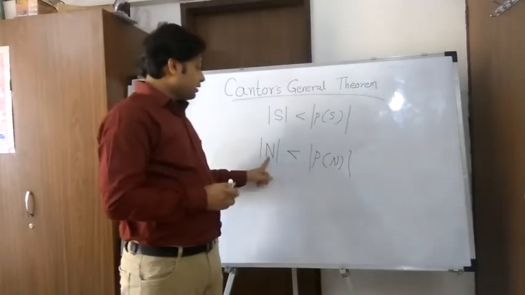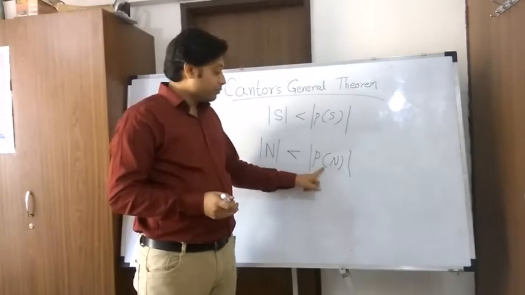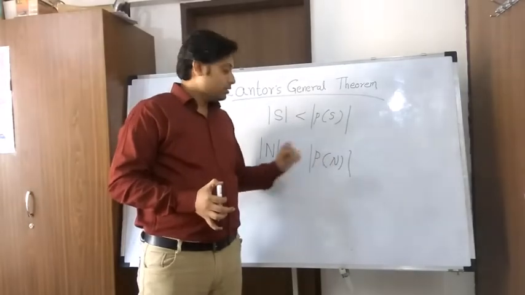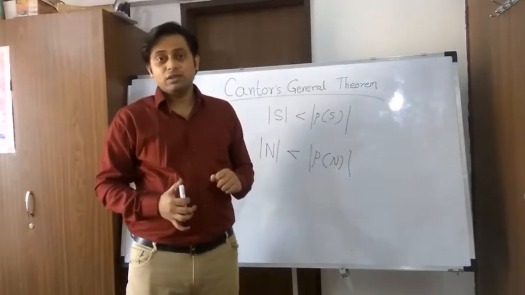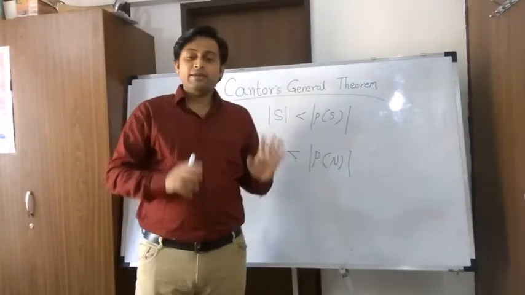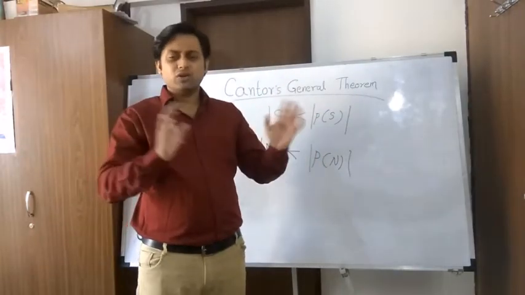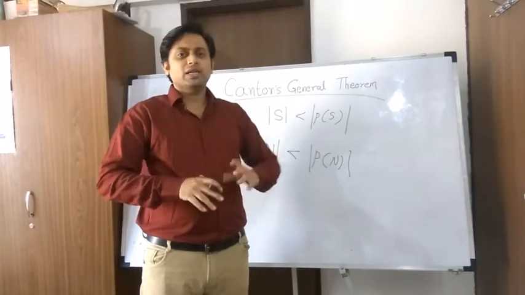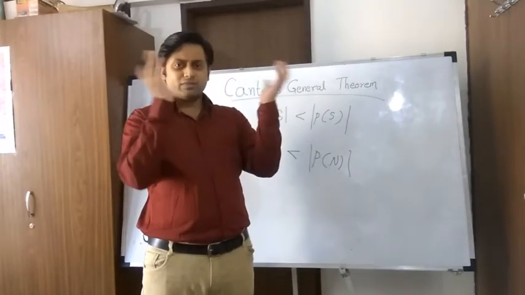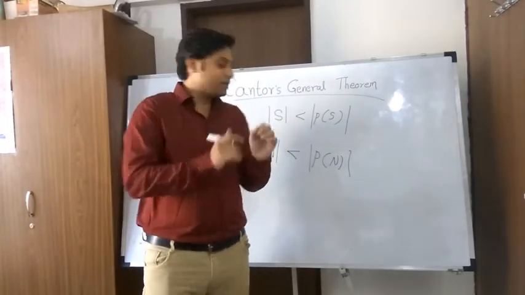So the number of natural numbers is less than the number of elements in the power set of the natural numbers. Till this point, infinity is treated as one coherent, abstract object. What infinity is we don't know, it is an abstract concept, but a coherent concept.